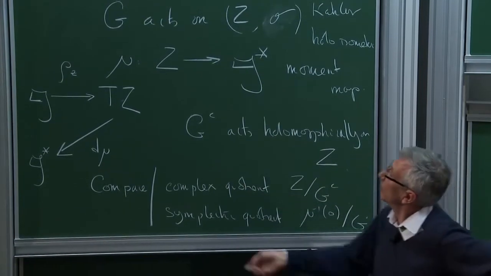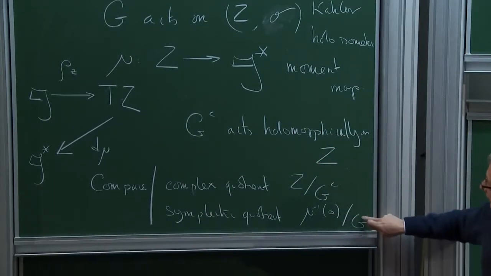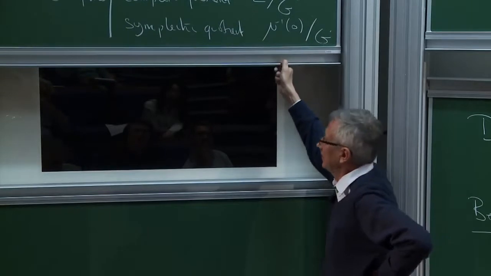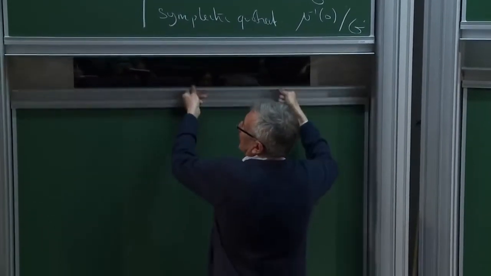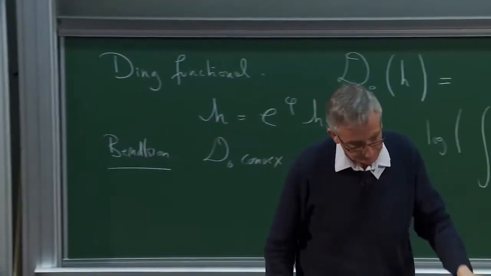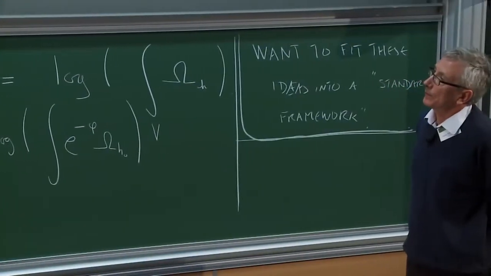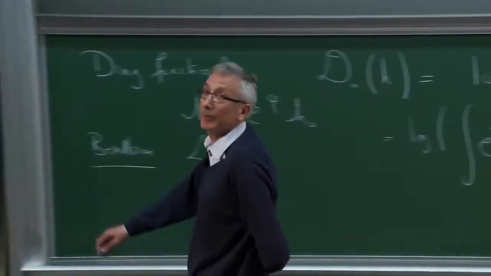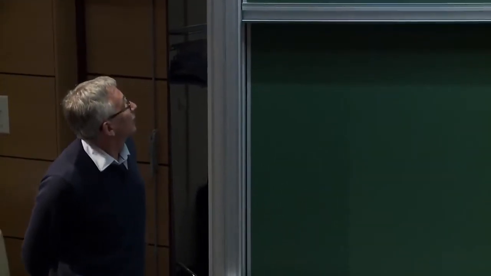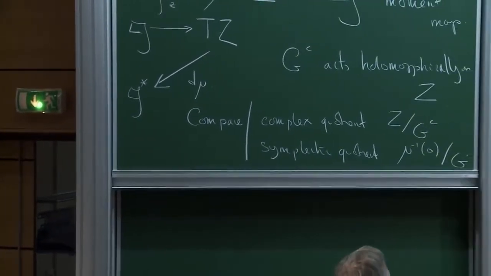That's to say, inside the orbit of a stable point, we'll be able to solve the equation mu equals 0 uniquely up to the action of G. So I don't really want to take the time to go into reviewing too much of the detail about that.